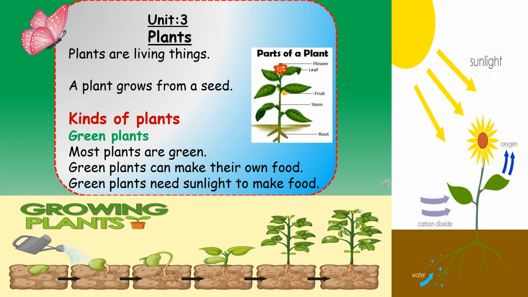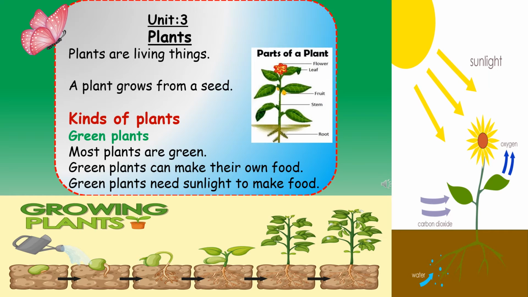When you have done, you have to sprinkle or put some water in it. And now you have to put that pot in an open area, not in direct sunlight, but where that seed can get some sunlight.